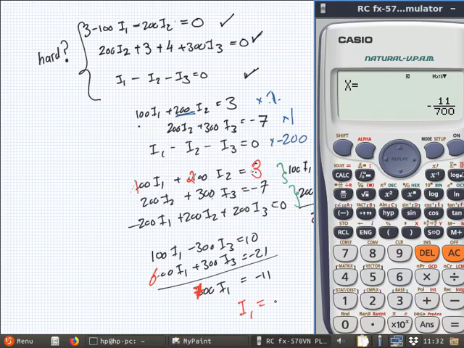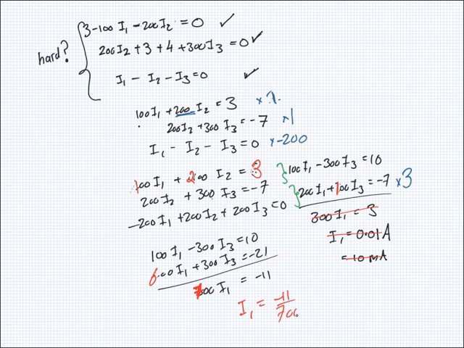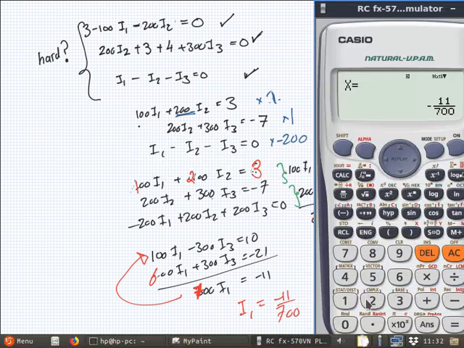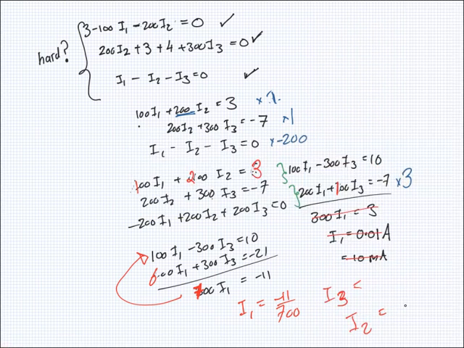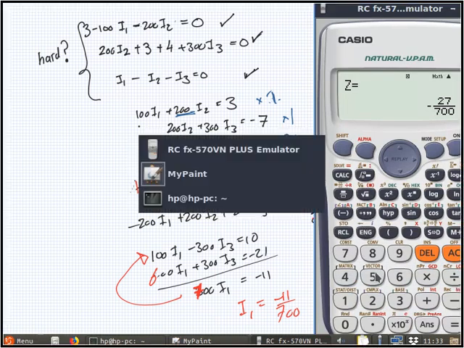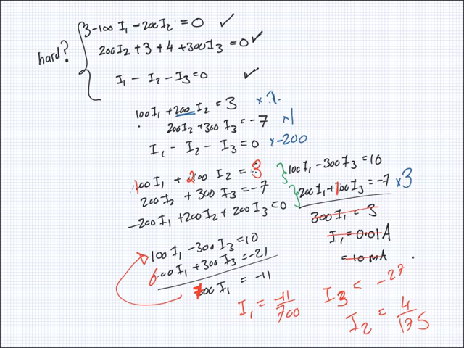It's minus 11 over 700. And then you get the I2 by subbing that in. Actually, you could put it in here to get I3 next, and then you get I2 at the end. 4 over 175, and then I3 minus 27 over 700.